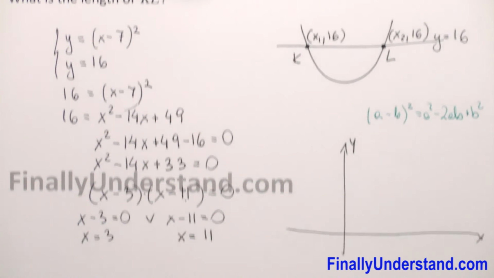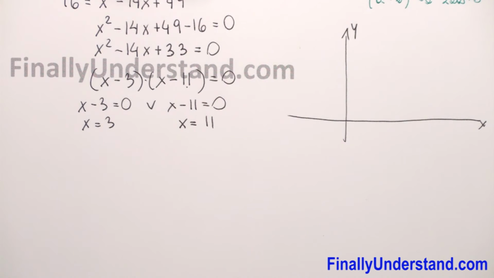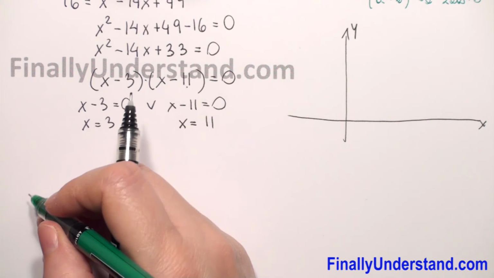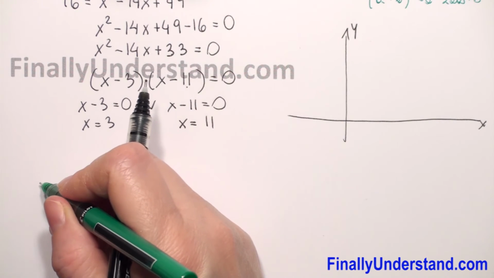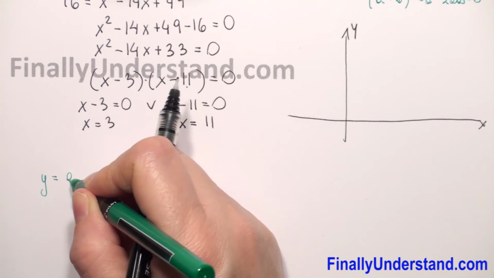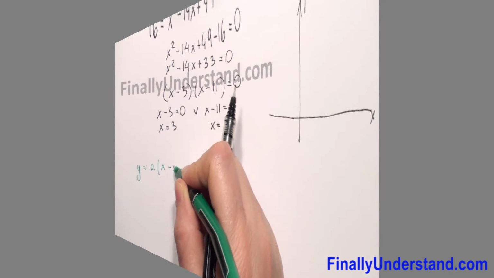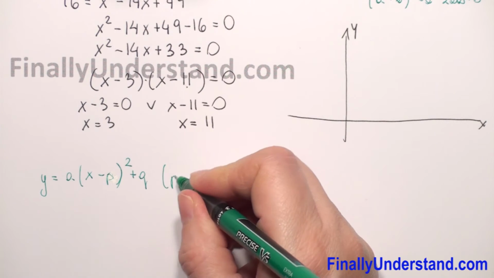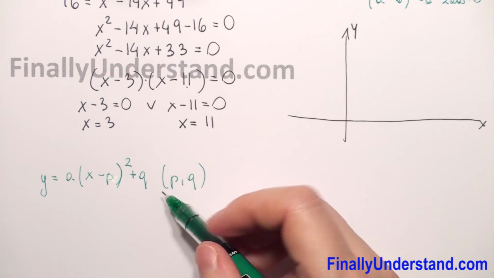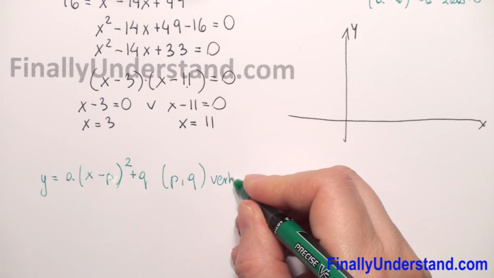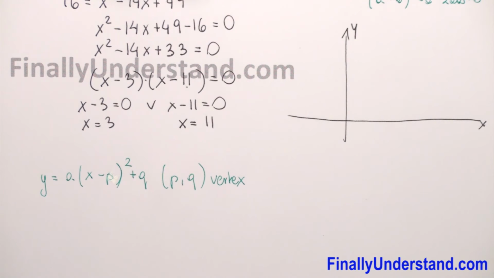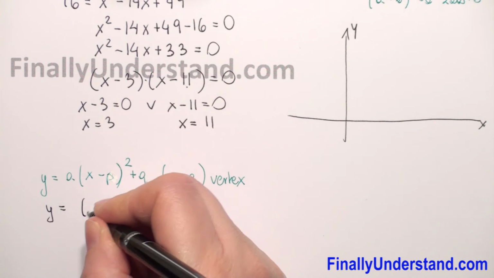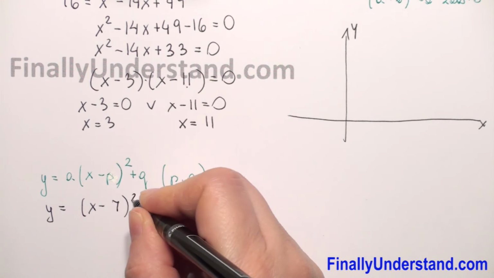Let me remind you of the general form of the quadratic equation, from which we can read the vertex of a parabola, when we have y is equal to a times (x minus p) to the second power plus q. P and q are the coordinates of the vertex. So we have our equation y is equal to (x minus 7) to the second power.